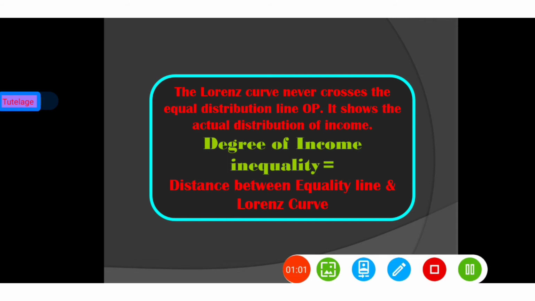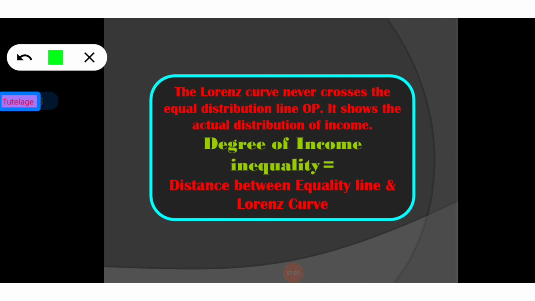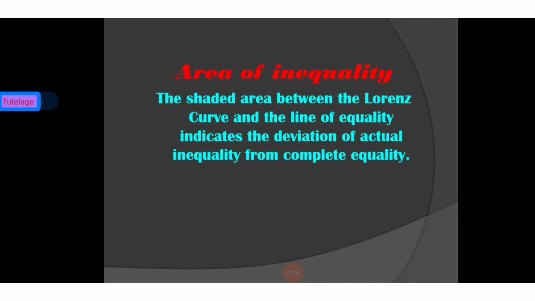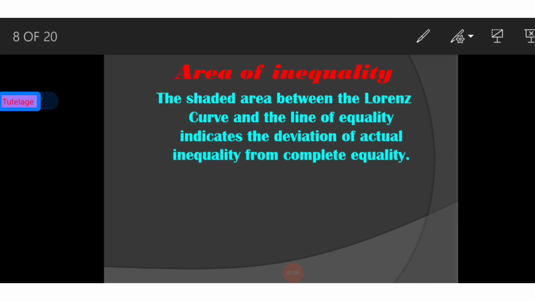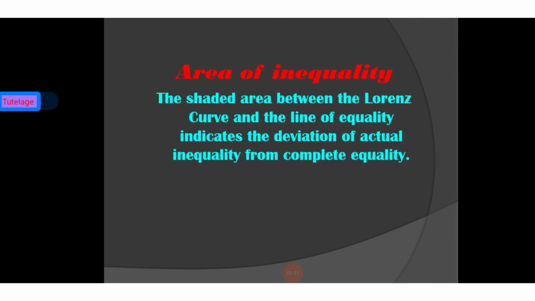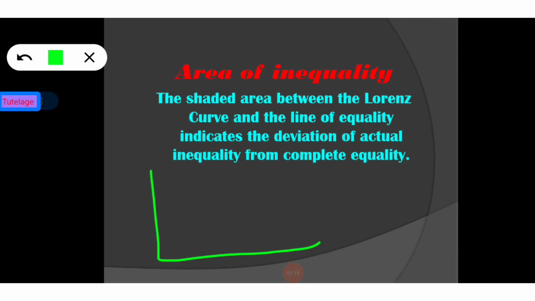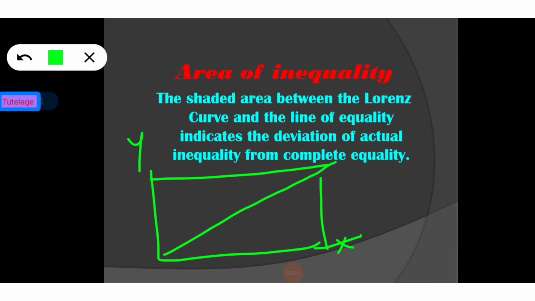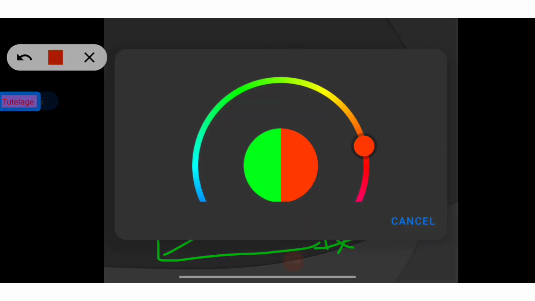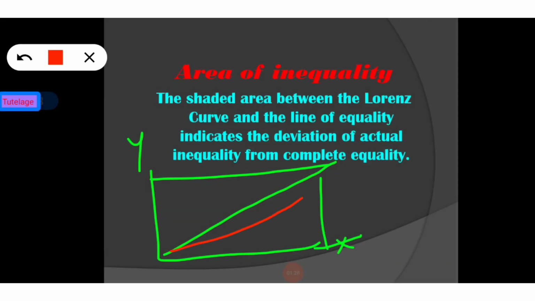We have already seen in the diagram, this is the y axis, this is the x axis, this is the diagonal line, and this is the Lorenz curve.